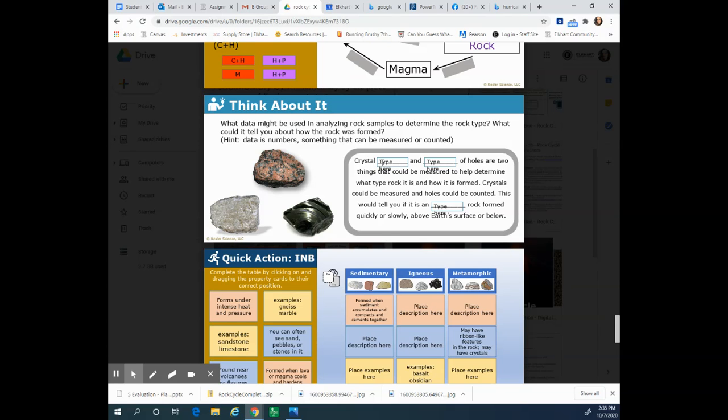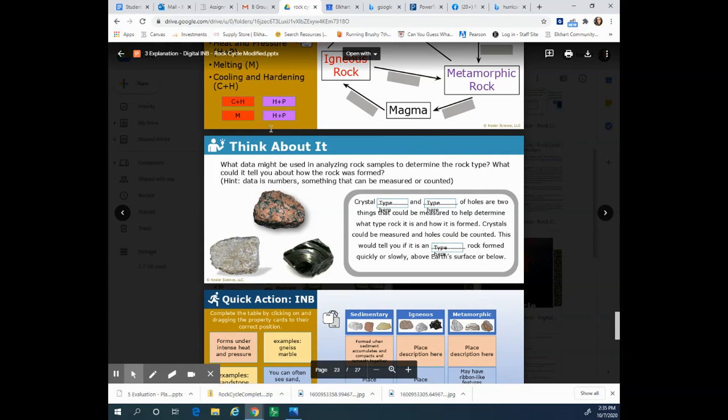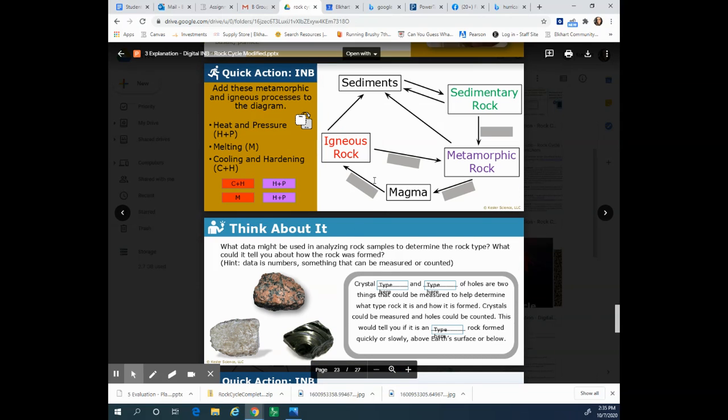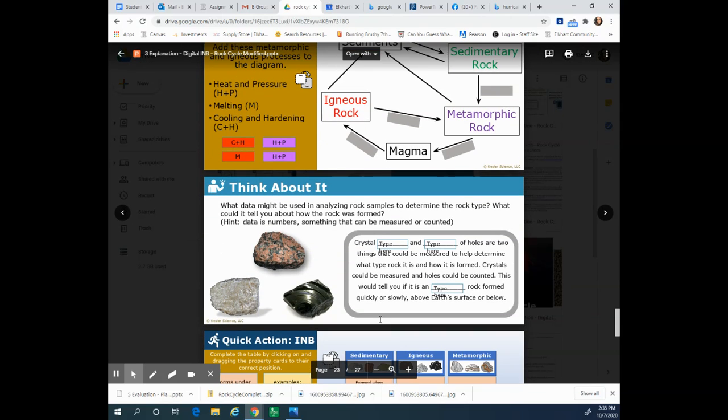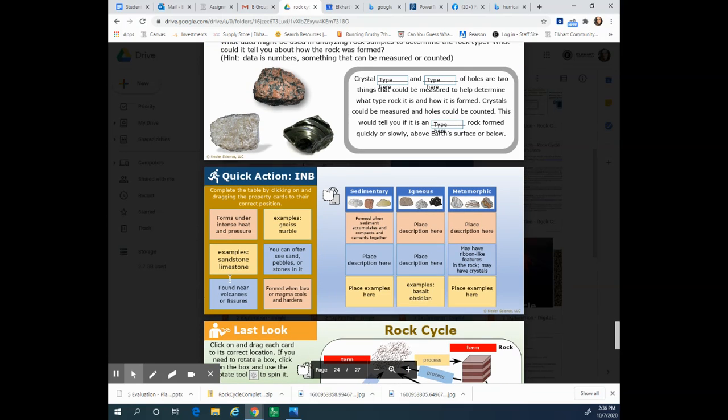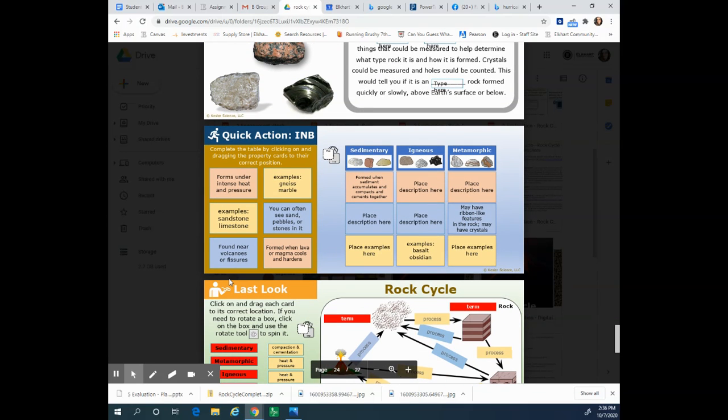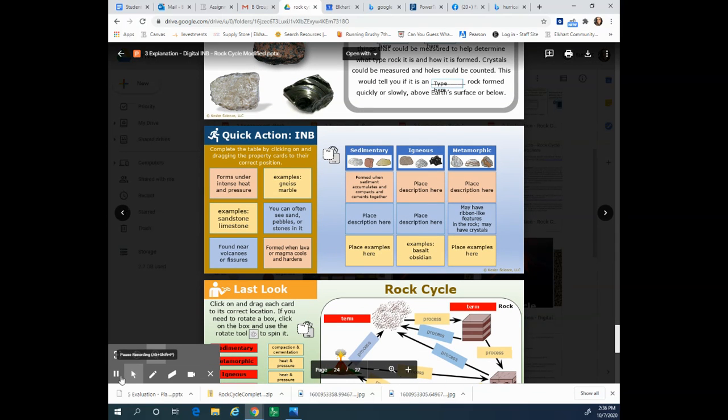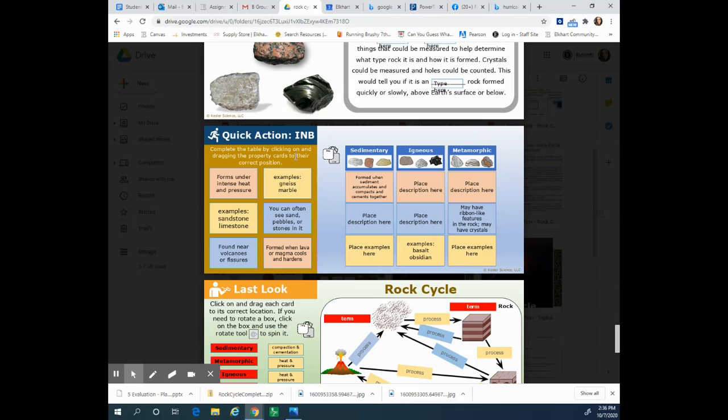So you're going to refer back to your vocabulary words up here, and you're going to determine where the different types of rocks go, okay? Quick action. Complete the table by clicking on and dragging the property cards to their correct position.